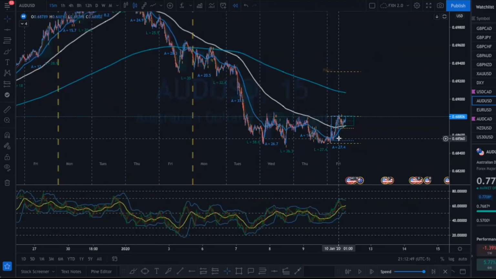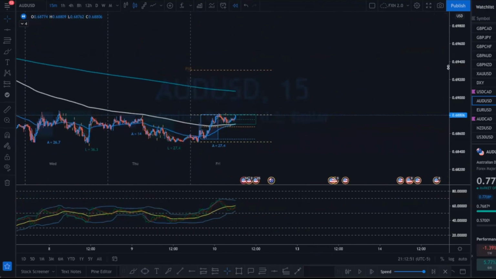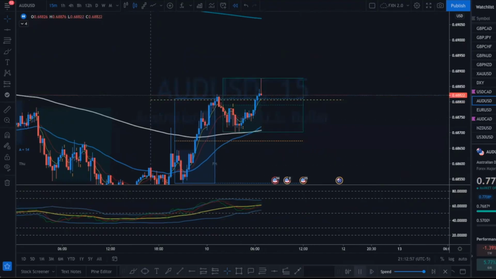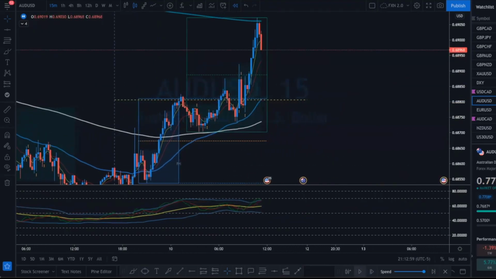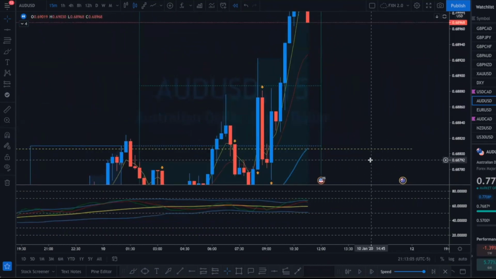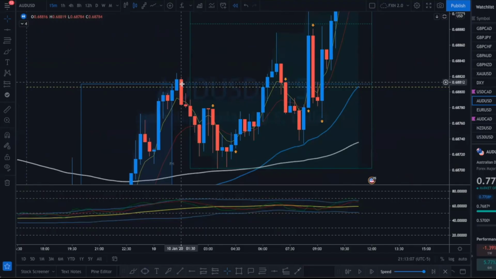Oh, there's a type 3 right there. There's your type 3 setup there. Here's another continuation trade. Type 3 comes back down. Pins to the 50 again. Railroad track, 815.